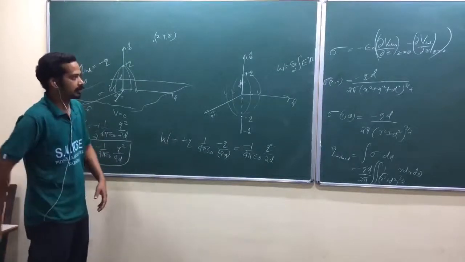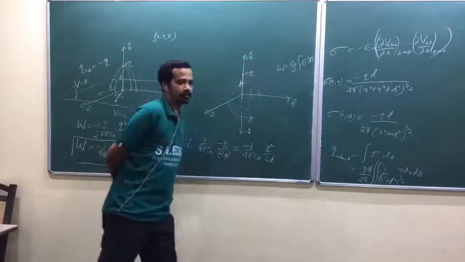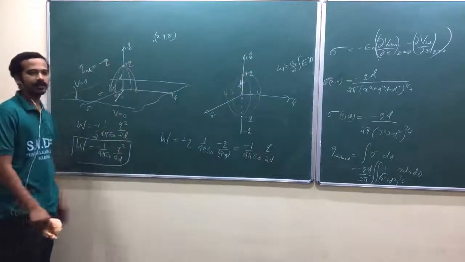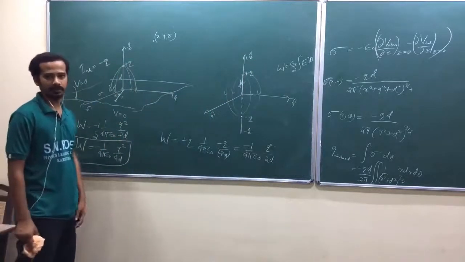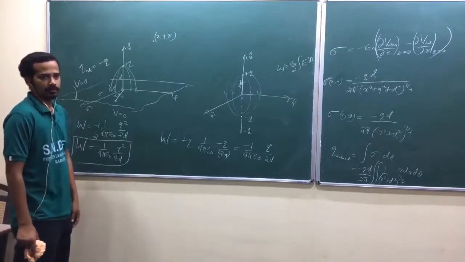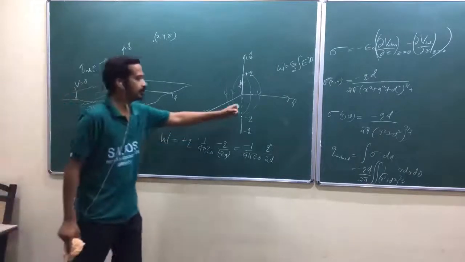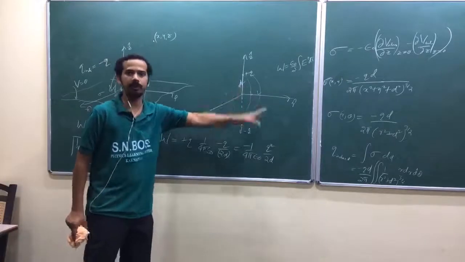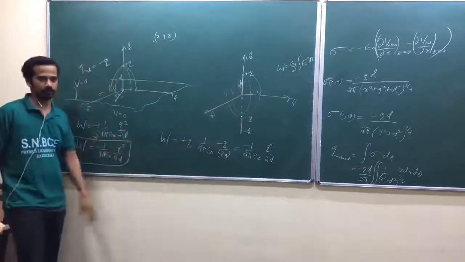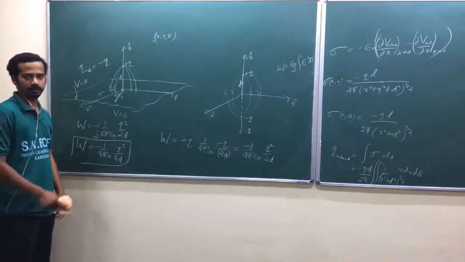But what will it give? It will give one idea. What is the region that we are integrating? Whatever we find using this configuration will be double that of the actual one.